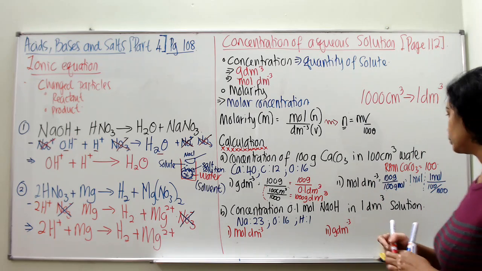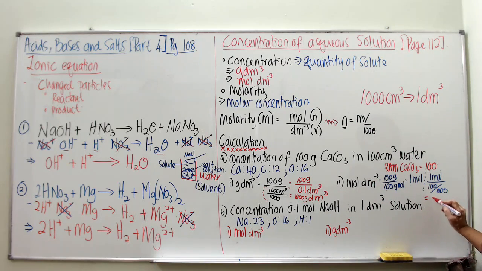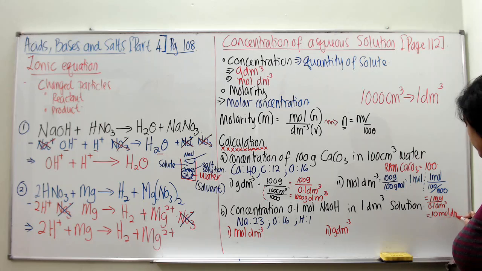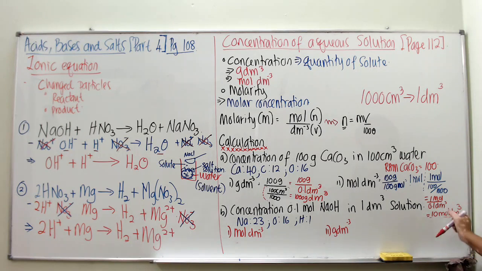So the answer will be 1 mole divided by 0.1 dm cube, which is 10 mole per dm cube. So this is how you find the concentration.